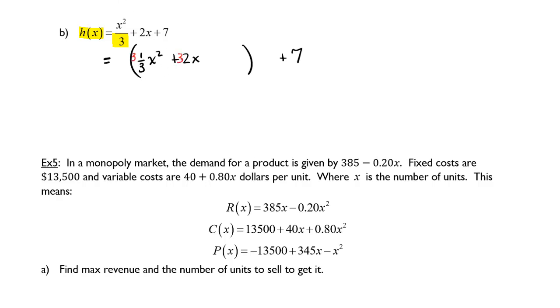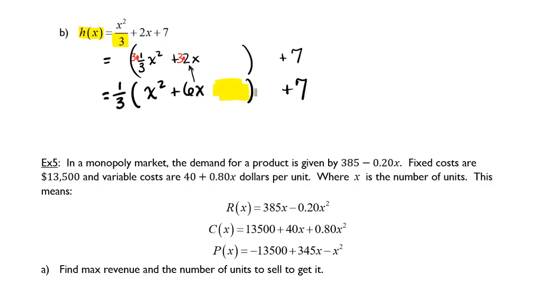That means I need to multiply the first two terms by 3. When I do that, I will be able to bring my 1/3 out front. My x squared plus 6x will now be inside, and plus 7 stays outside. Notice that if I were to distribute this 1/3 back in to the x squared and the plus 6x, I would have 6x over 3, and that would still reduce to 2x. So in effect, factoring out a 1/3 is kind of the opposite of factoring out a whole number.